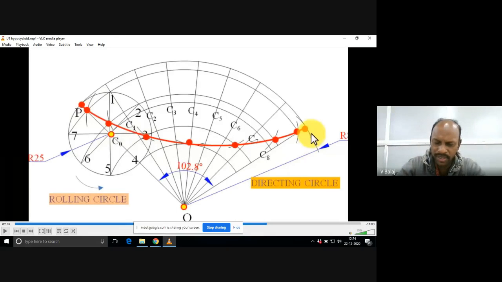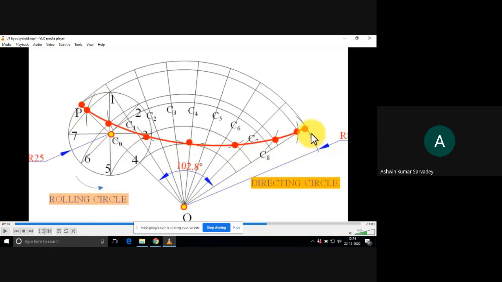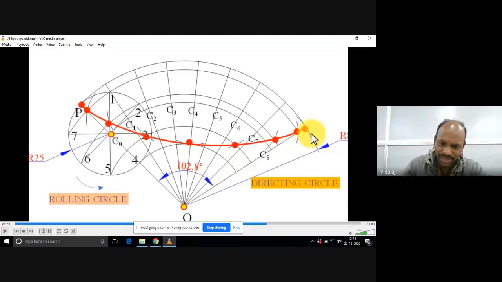Have you gone to a circus in your childhood, where a big globe is there and a bike rider is riding inside the globe? Have you seen such a thing? Yes, sir. Very good. Now imagine this ground is in the shape of a globe.